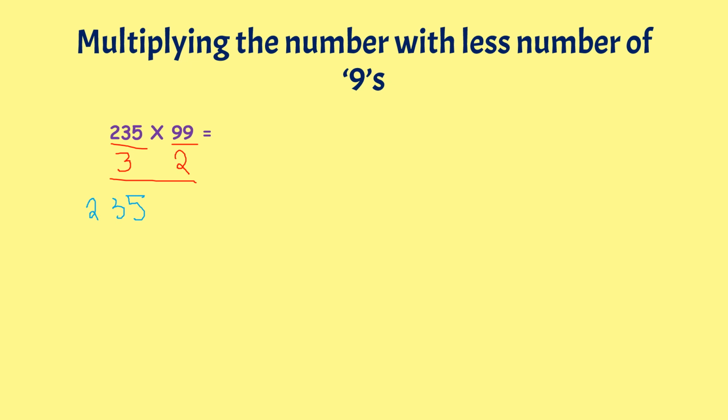As 99 is a 2-digit number, from the right I place a colon before the 2 digits. So 3 colon 35. To the number before the colon, I add 1. So what will be the result? 3 colon 35.